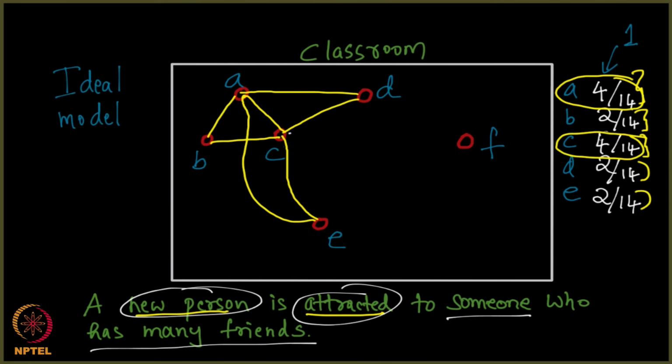So he probably becomes friends with A and with, let's say, D. I just said these two are of high probability. Probability doesn't mean that you will always hit the nodes with high probability. You might become friends with anybody here, right? Okay, good. So now let us recompute these probabilities and see what happens.